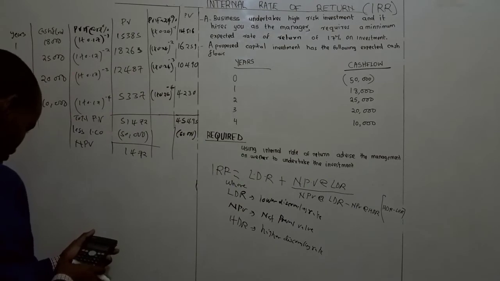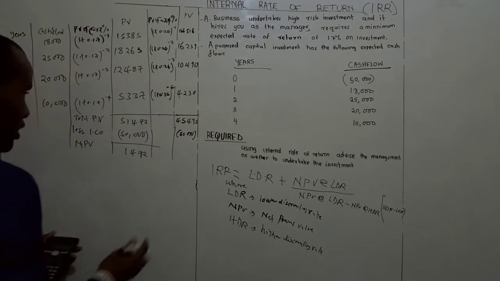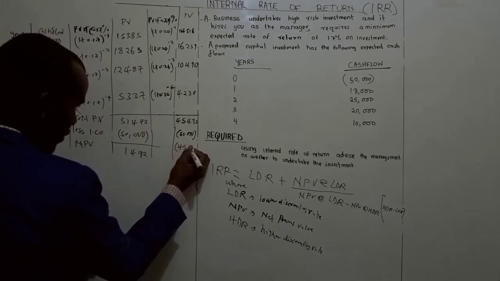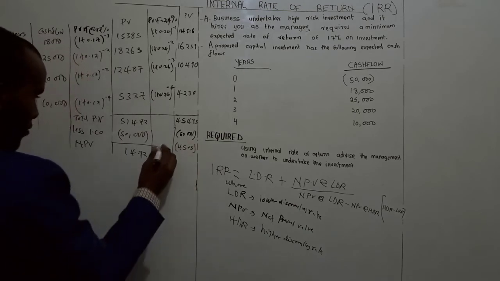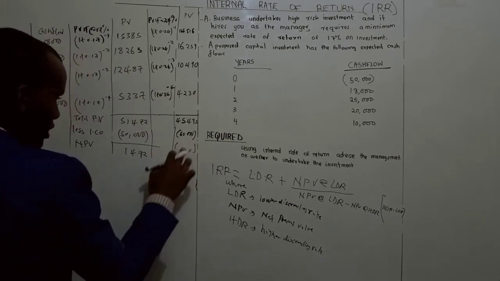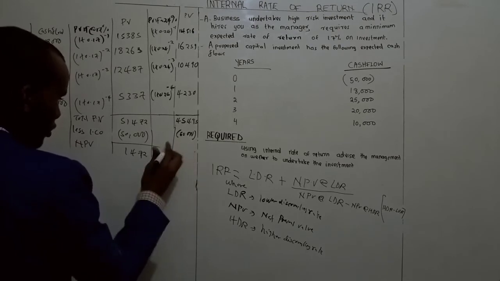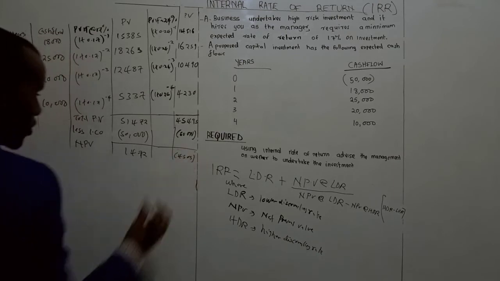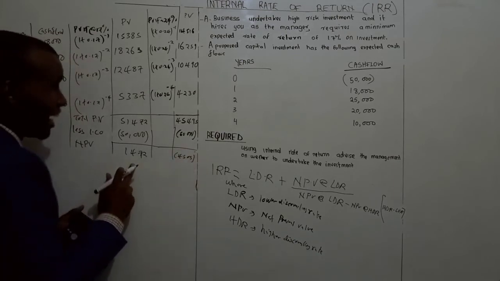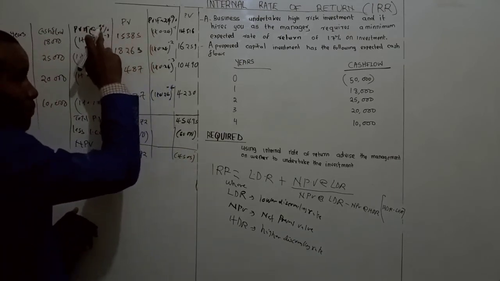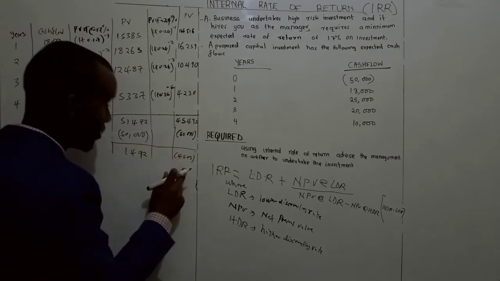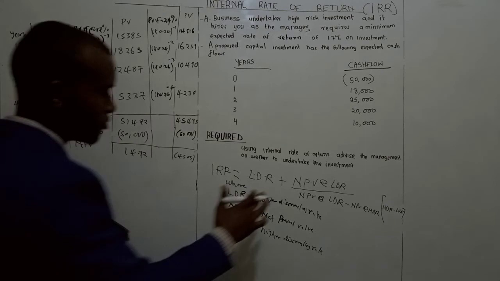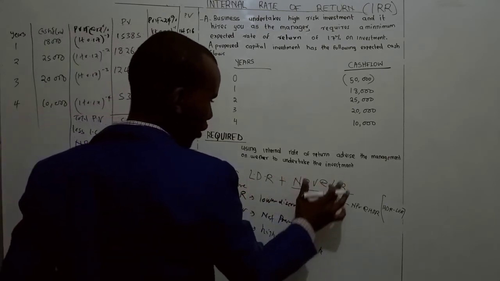So the answer minus 50,000 gives minus 4,505. So this is our NPV at the higher discounting rate, 24%, while the other is the NPV at the lower discounting rate, 17%.